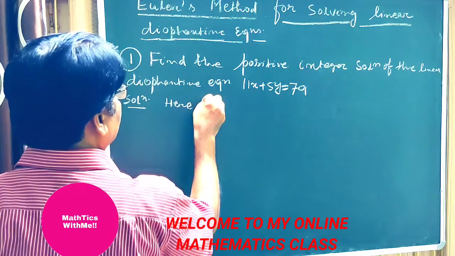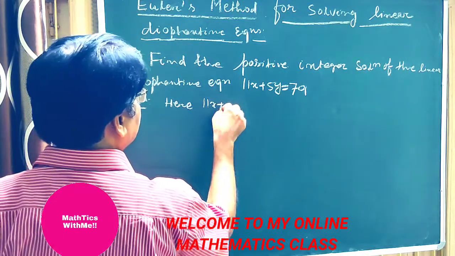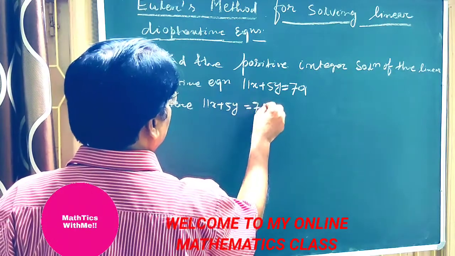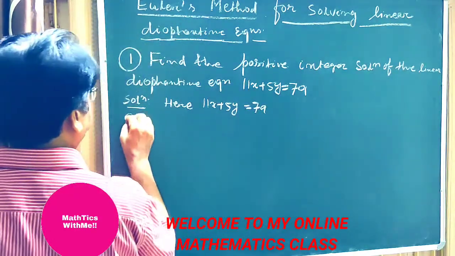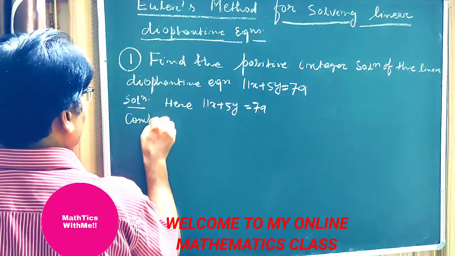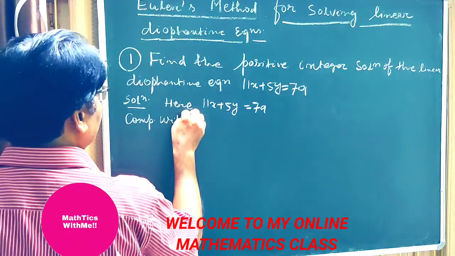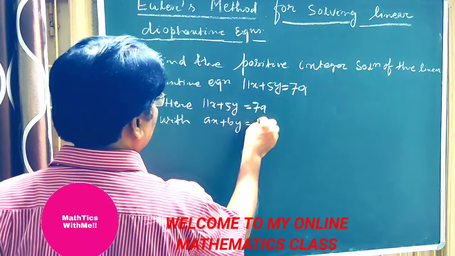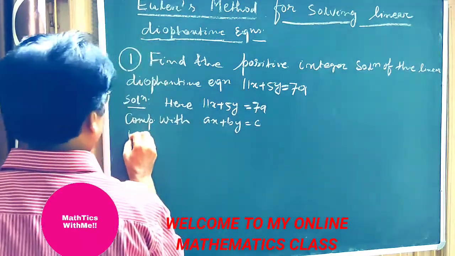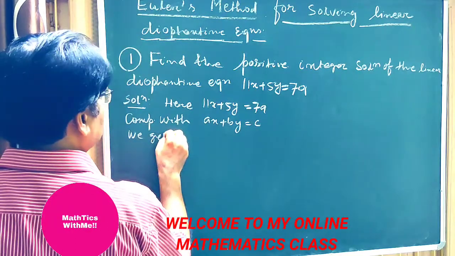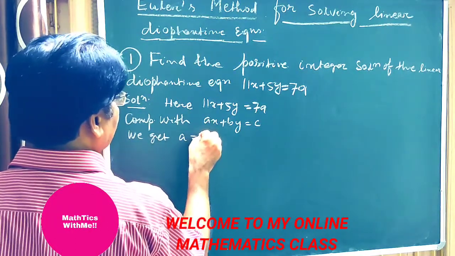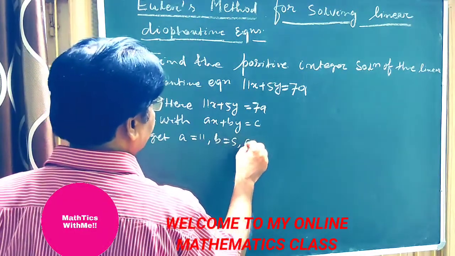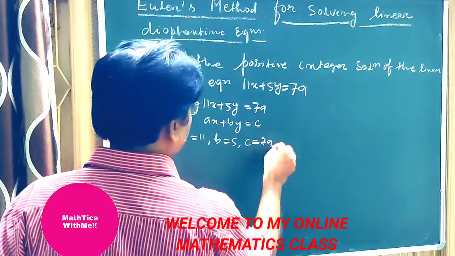Here 11x plus 5y is equal to 79. Comparing with ax plus by is equal to c, we get a is equal to 11, b is equal to 5, c is equal to 79.